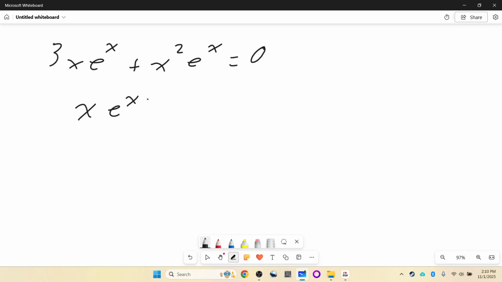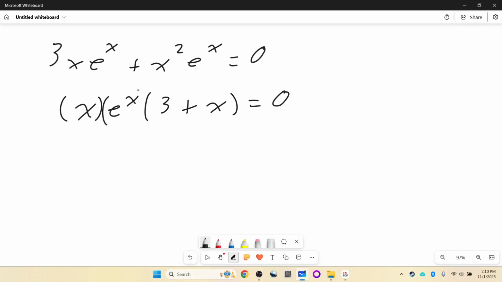We have 3x e to the x plus x squared e to the x equals 0. Factor out the greatest common factor, x e to the x, and then we'll be left with 3 plus x equals 0.